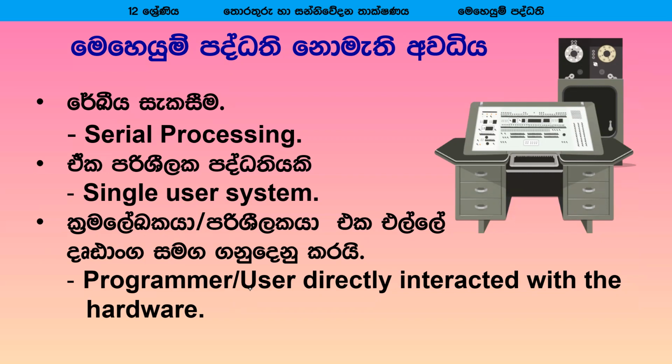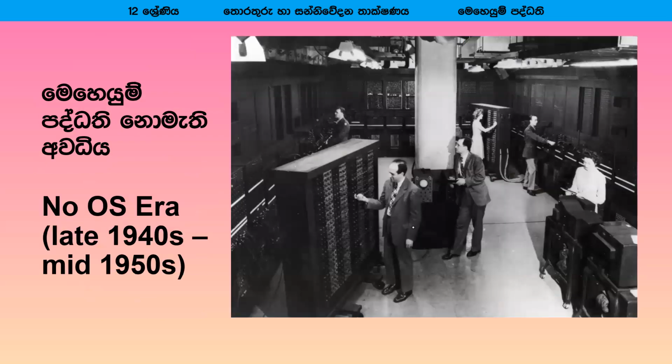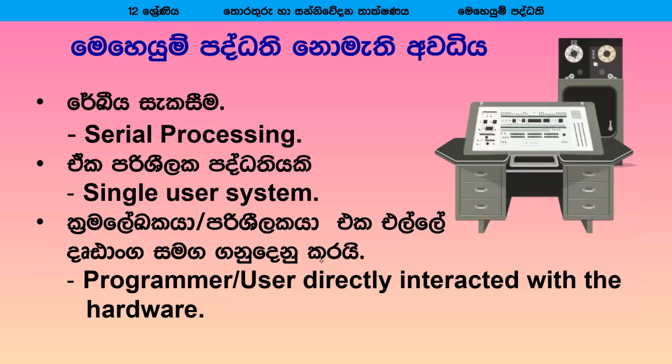And it is also a single user system, right? Even though we could see a lot of people interacting with this, logically it is just one user doing one particular task, right? And this is the important one. The programmers or the users directly interact with the hardware, right? So we are interacting with the hard disk, the RAM, the processors and all these things, right?